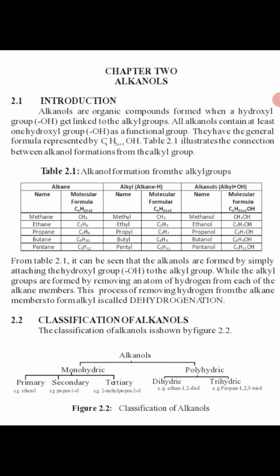The process of doing that is called dehydrogenation. Dehydrogenation means I've removed hydrogen. When you have dehalogenation, that one means you have removed a halogen. You have removed either a chlorine, a bromine, an iodine, or an astatine. But when you remove a hydrogen atom from a corresponding alkane, the process is called dehydrogenation.